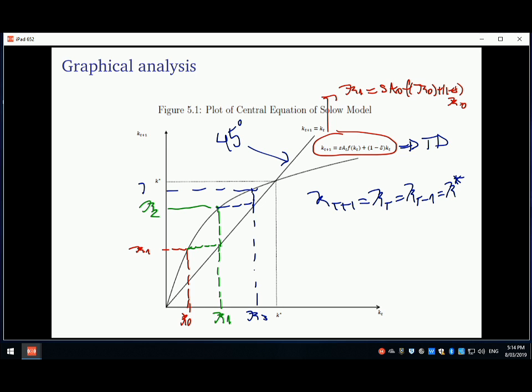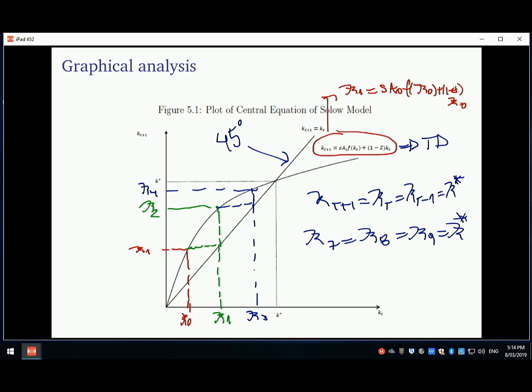We got little k4. Until we reach the long-run equilibrium, where, say, suppose that this is reached at period 7. At some point the economy reaches this long-run equilibrium.